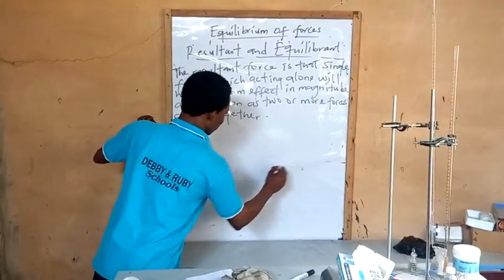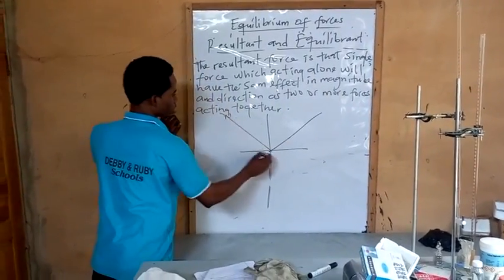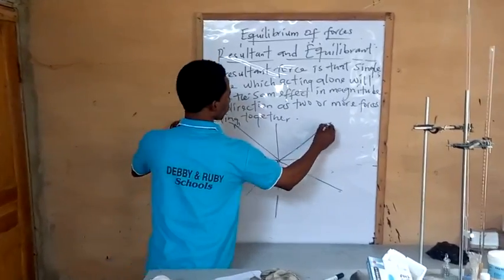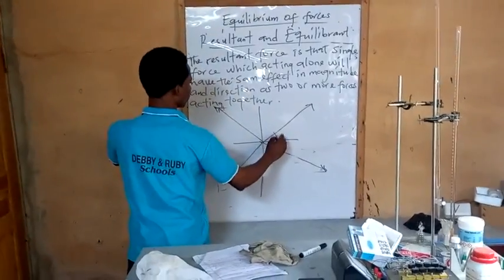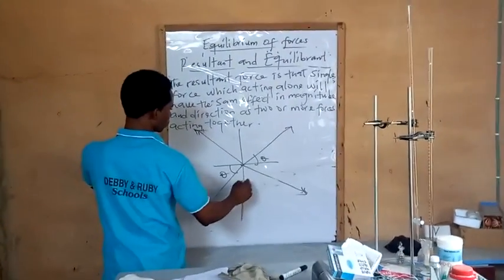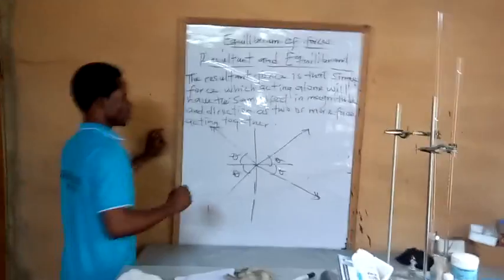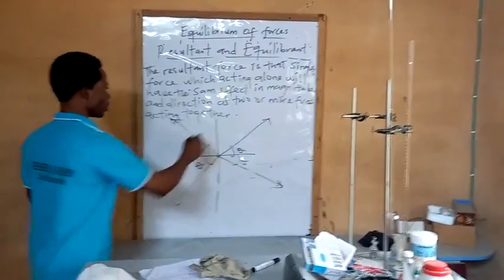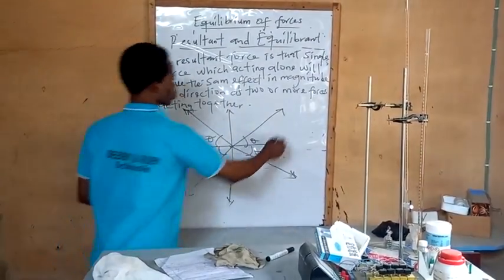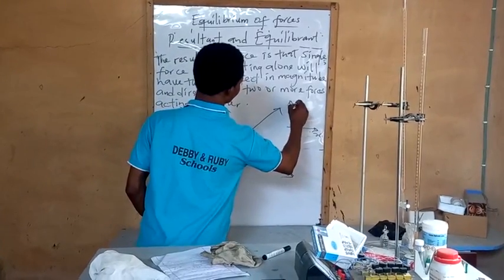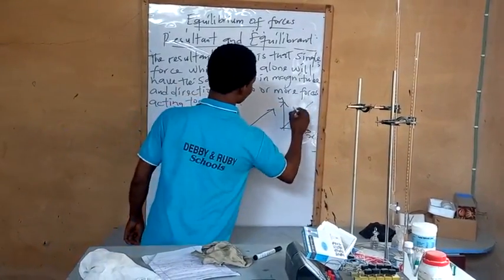Even in physics, let's say you have plenty of forces, and we have angles here. Even in a situation where we have many forces like this, we are going to resolve everything to x and y, and the resultant will now come into place.